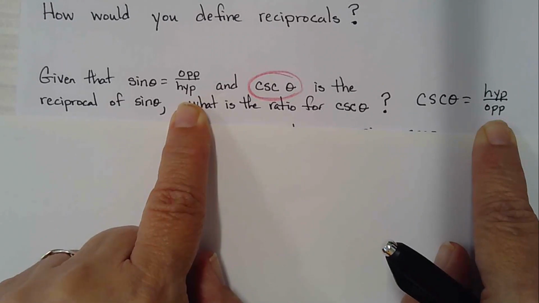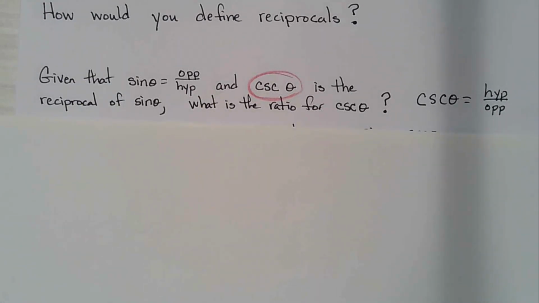Okay, so all three trig functions that you learned in geometry, each one of them has a reciprocal. But it's not like you have to learn 3 new things. All you have to do is know sine, cosine, and tangent, and then you just have to know what the reciprocals are, and then you'll already know all about them.